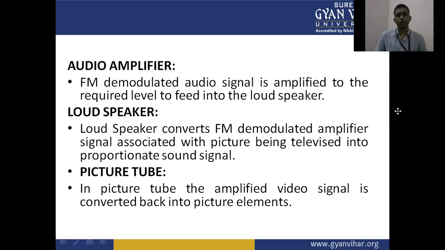In the next audio amplifier, the frequency demodulated audio signal is amplified to the required level to feed into the loudspeaker. The loudspeaker converts the FM demodulated amplified signal associated with the picture being televised into proportionate sound.